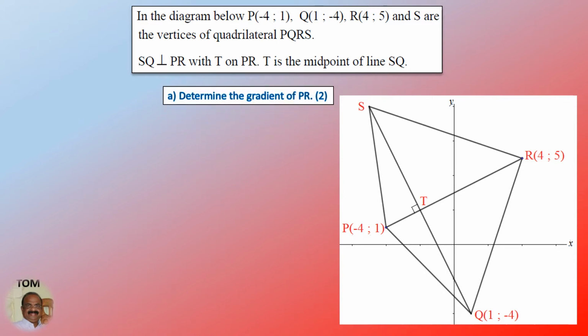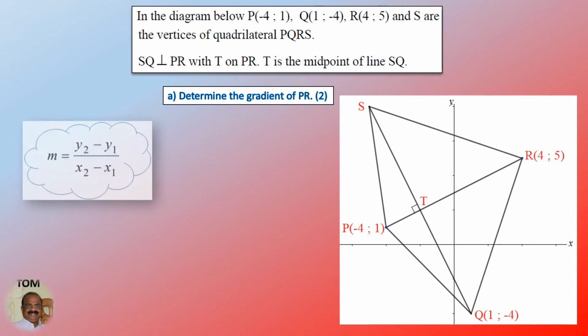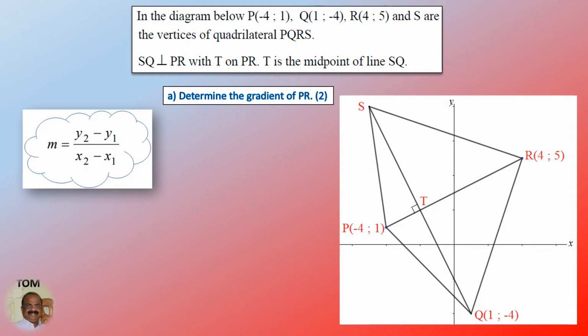Determine the gradient of PR. Gradient, 2 marks. So we go to the formula sheet. We look for the formula for gradient. M equal to y2 minus y1 over x2 minus x1.